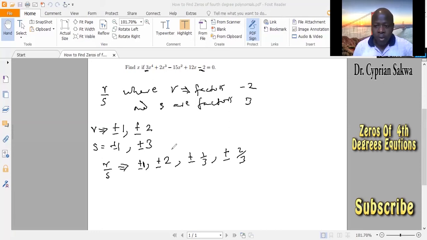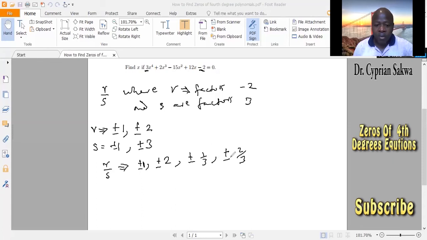So we use trial to find out which of these is a root. I'll begin with the easier ones, plus or minus 1, to see if any of them is a root to this equation. If I find that none of them is a root, I proceed to this and find out whether plus or minus 2 is a root.